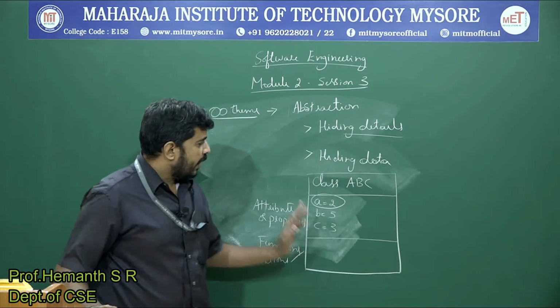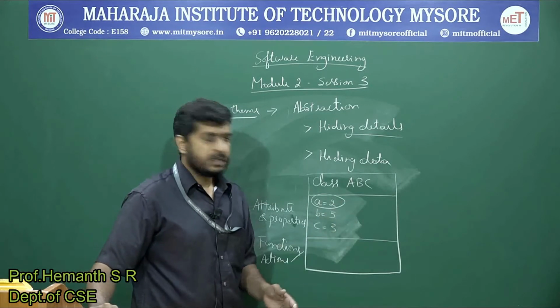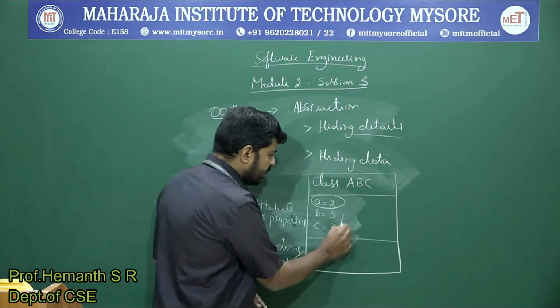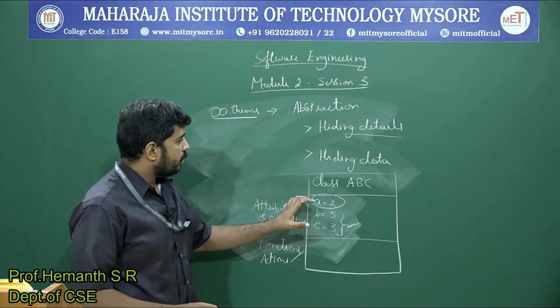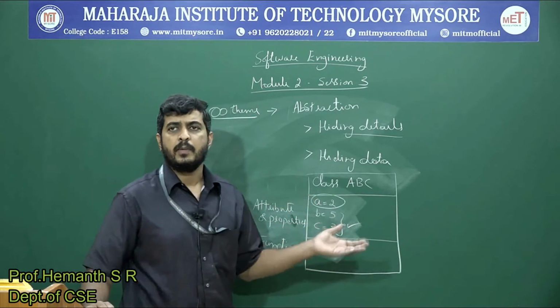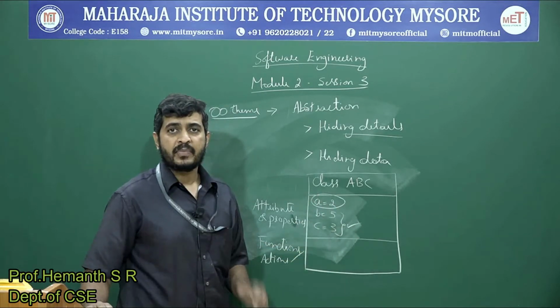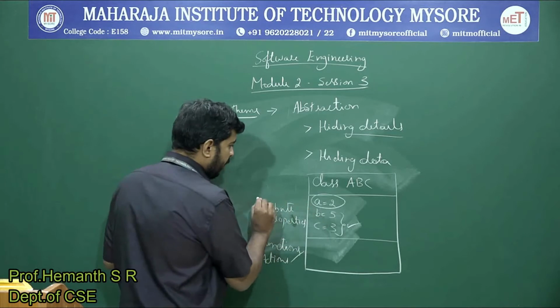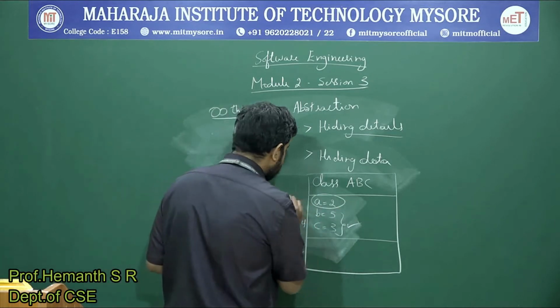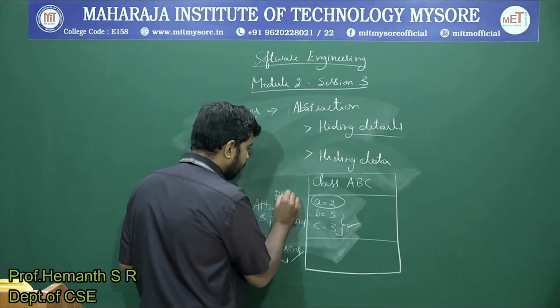I do not want this to be visible outside. Let B equal to 5 and C equal to 3 be visible. This is one way of planning our abstraction, and this can be done by using a mechanism available called private.